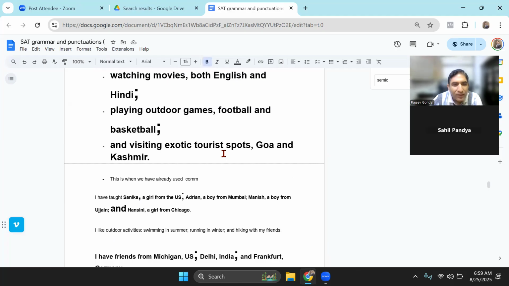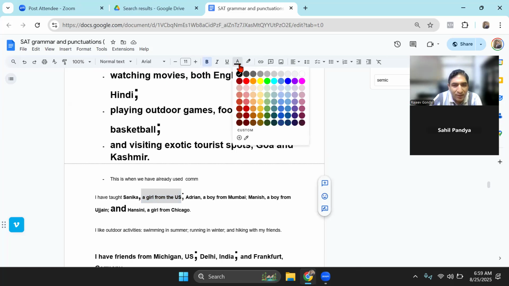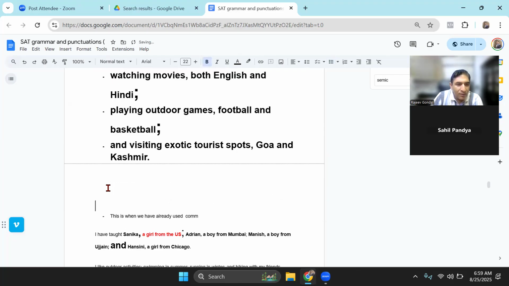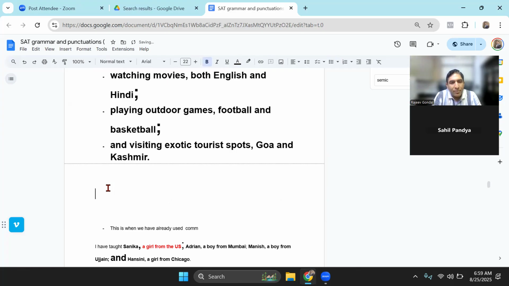I just have a question on why you put a comma after their names. So I want to give a little extra detail about that person. So who is Sanika? This is what we call a modifier. If you put a comma and some details about something, we call it a modifier. Let's take one or two examples. A boy from which city are you from? Chicago.